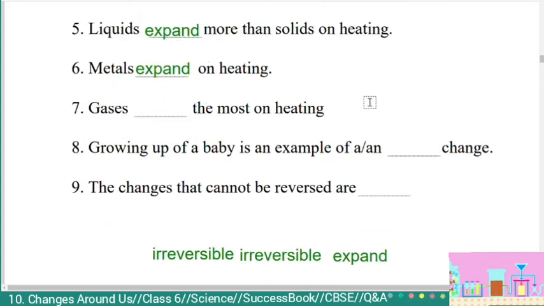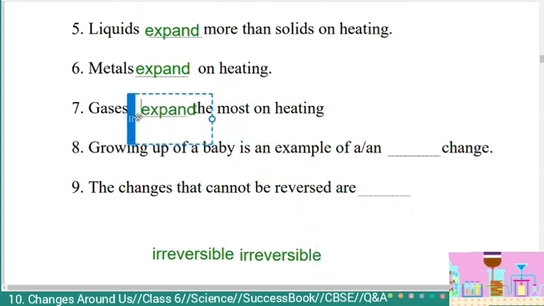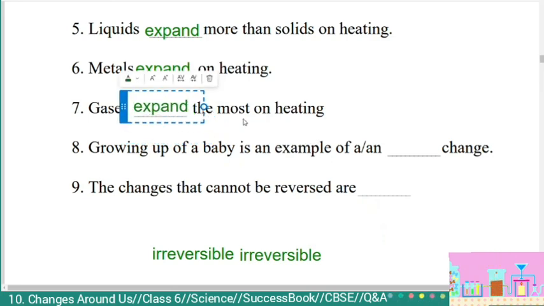Metals expand on heating. Seventh one, gases dash the most on heating. Gases expand the most on heating.